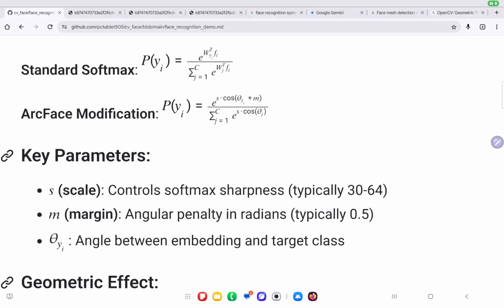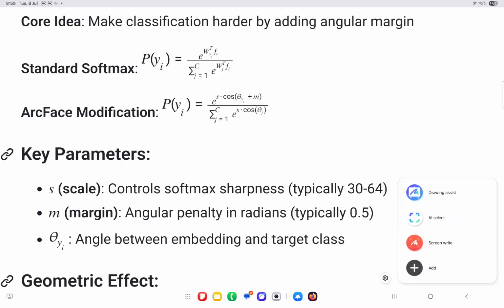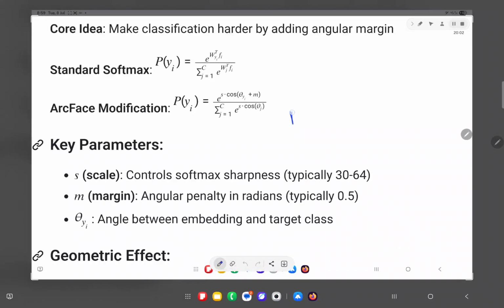We are training the complete model, so we have P1, P2, P3 dot dot dot PC, since we have C classes, and theta y comma I is the angle between the embedding and the target class. Suppose this is the output head of the softmax layer, and this one is the ith class.